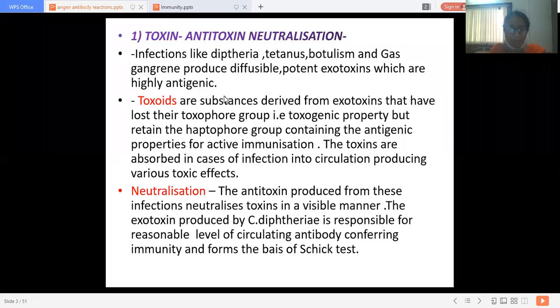The blocking antibodies do not allow the antigen to attach to the receptors, so this attachment could not happen due to the blocking antibodies. Similarly, in the toxin antitoxin neutralization reaction, the antitoxin produced by the infection neutralizes the toxic effect of the exotoxins produced by Corynebacterium diphtheriae.